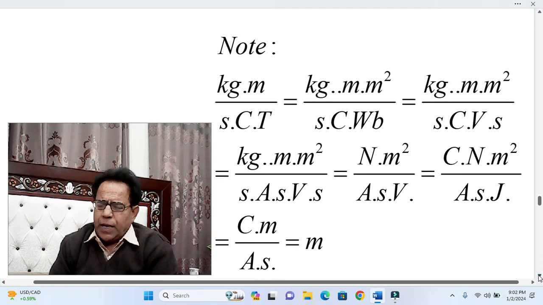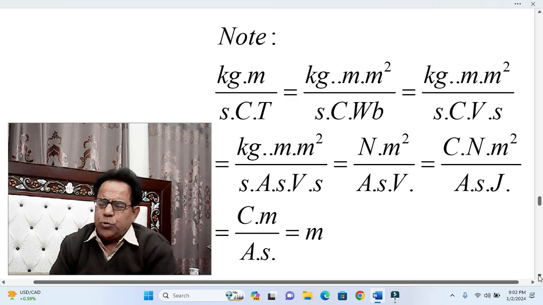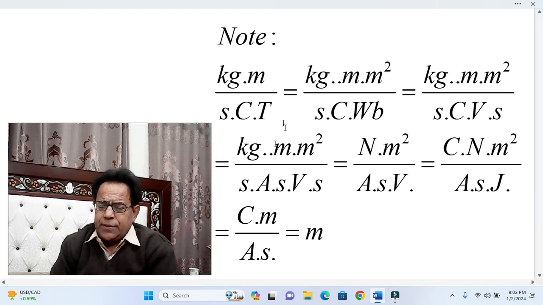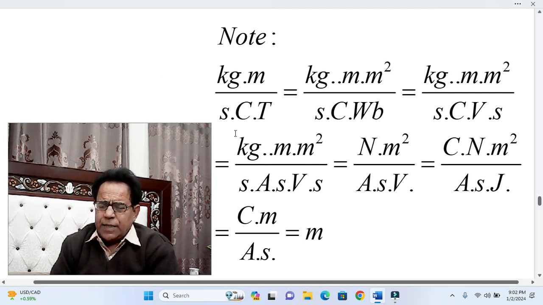After adjusting so many units, we have decided that these units are equal to simply meter. In other words, the nutshell of this is that kilogram per second coulomb Tesla is equal to unity, 1. Or in other words, 1 kilogram is equal to coulomb Tesla into second.